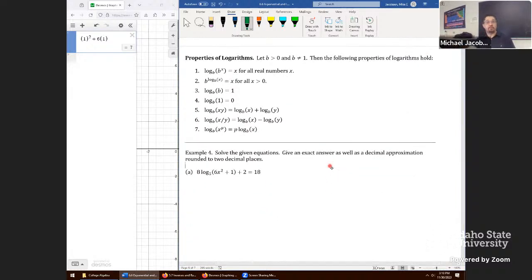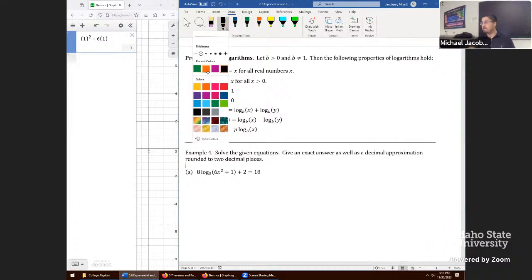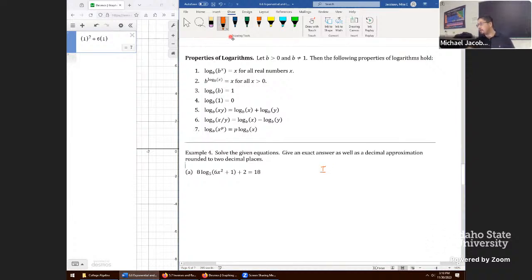But the very first thing we'd actually want to do here is the following. Isolate log base 5 of 6x squared plus 1 first. If there's just one logarithm in your equation, like in this case, that's always going to be your best first step. We're going to try to isolate this portion of the equation.